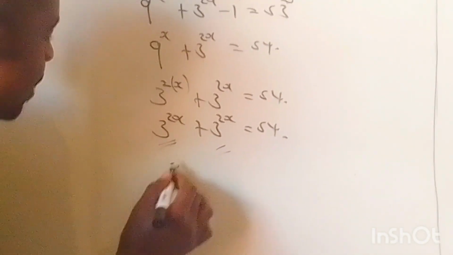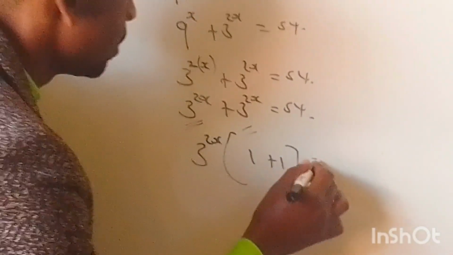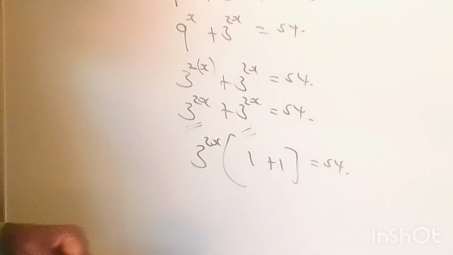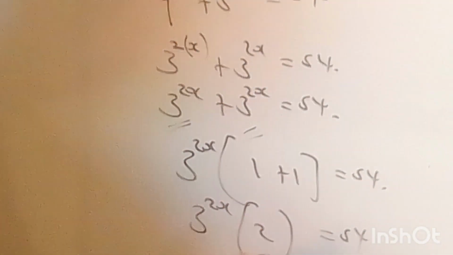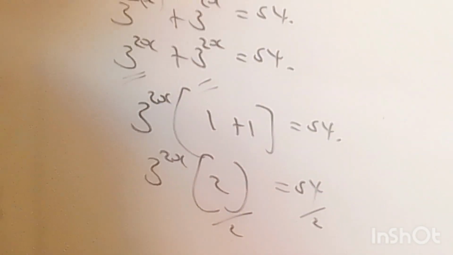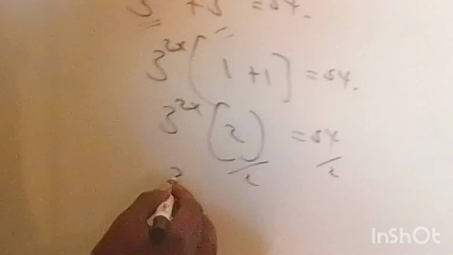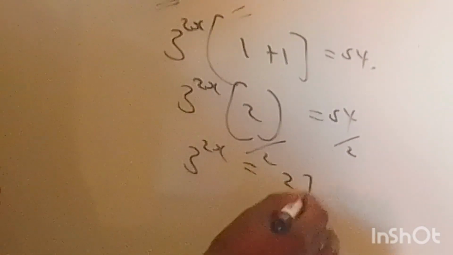So we have 3 raised to 2x into 1 plus 1 is equal to 54. Then that is 3 raised to 2x multiplied by 2, since 1 plus 1 is 2, is equal to 54. So divide both sides by 2, and then you have 3 raised to 2x is equal to 27.